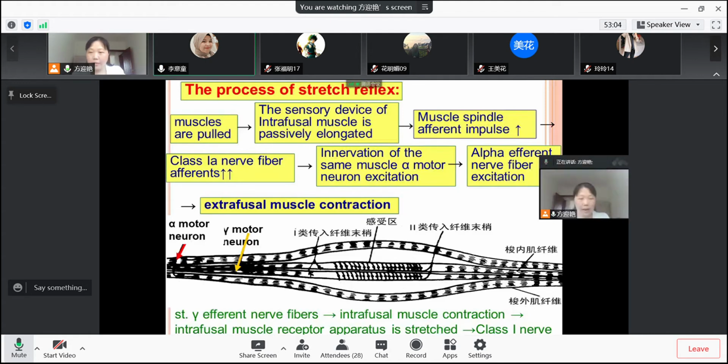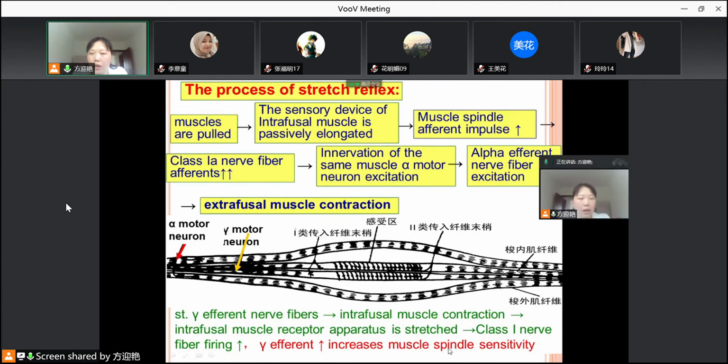I hope you understand and remember this, because in many examinations you may face this choice. There may be multiple choice or single choice. You should know that if you stimulate the alpha motor neuron, or the alpha efferent nerve fibers are excited, then this can increase muscle spindle sensitivity, and also can increase the stretch reflex.